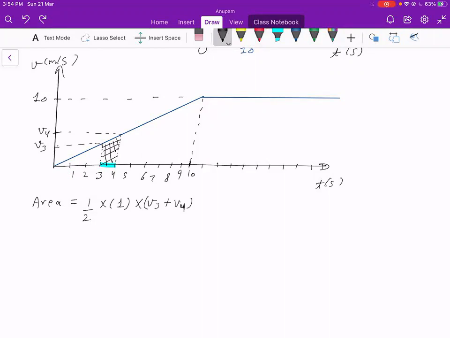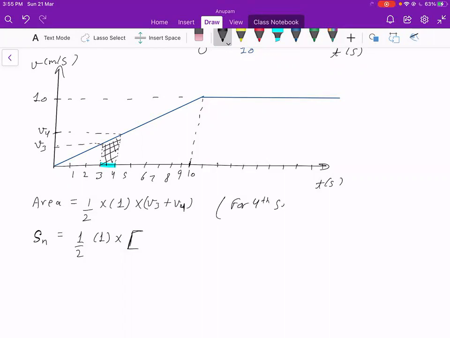So if I want to find the general formula for the distance covered in the nth second, let me call it Sn, then I will say half into 1 into, notice what the formula is, V3 plus V4 for the fourth second.